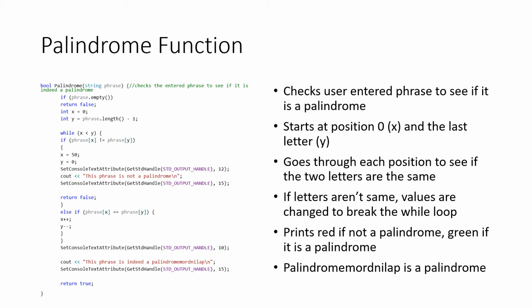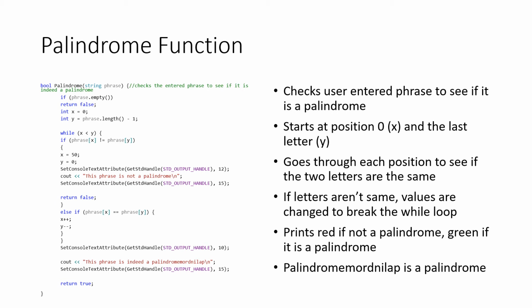The Boolean palindrome function. This is the actual function that checks whether or not the phrase is indeed a palindrome. So it starts at two positions, actually, one at the beginning, position 0, and one at the end of the phrase, so it would be phrase.length minus 1. And then it goes through each position, compares the letters at each spot.